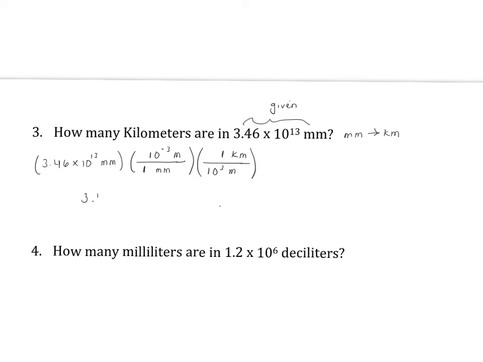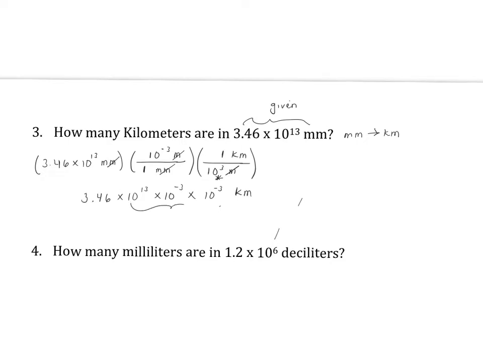We would have 3.46 times 10 to the 13th times 10 to the negative 3 times 10 to the negative 3. Right? If we raise this 10 to the 3 to the numerator, it becomes 10 to the negative 3. Meters cancels out, millimeters cancels out, and our units in the end would be kilometers.